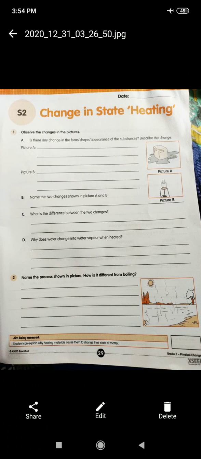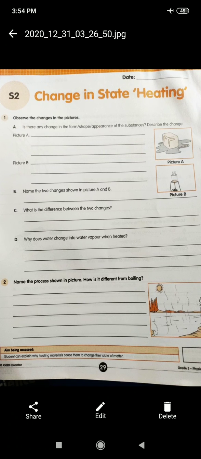Here S2 is change in state: heating. The first question is, you have to see the picture and write the answer. Name the two changes shown in the picture. What is the difference between the two changes? Write by your own, students. Why does water change into water vapor when heated? What happens to those particles? You have to write that.